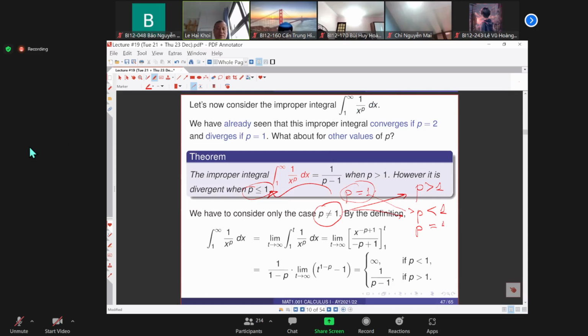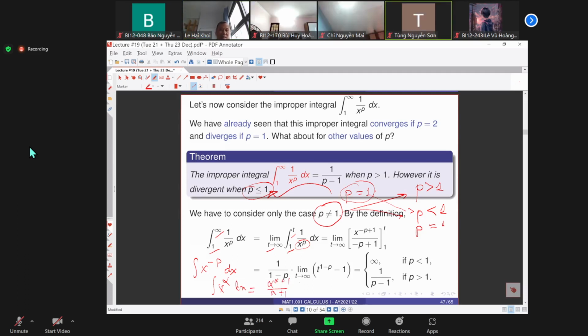By the definition, the integral from 1 to infinity is the limit as t tends to infinity of the integral from 1 to t. And x to the power p in the denominator means x to the power negative p in the numerator. We use the integral of x to the alpha dx is x to the alpha plus 1 over alpha plus 1, plus some constant, the indefinite integral, for alpha equal to negative p.